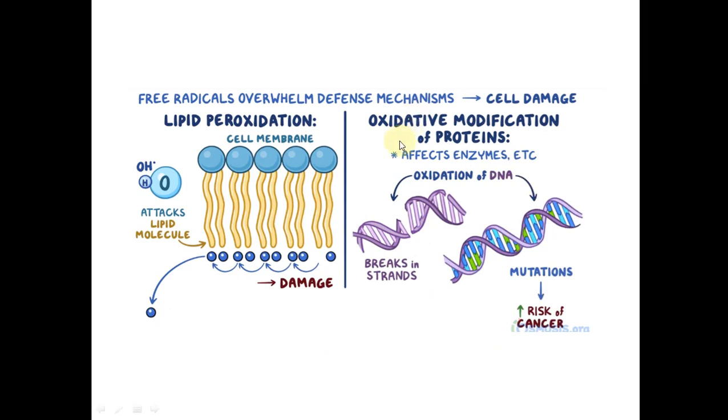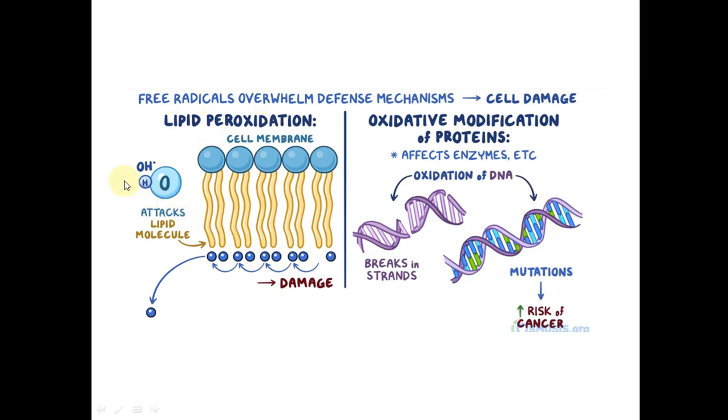Now, fortunately, our body has defense mechanisms, and normally the defense mechanisms neutralize these free radicals. But in conditions where this balance tilts towards the generation of free radicals, cell damage occurs, particularly by lipid peroxidation.